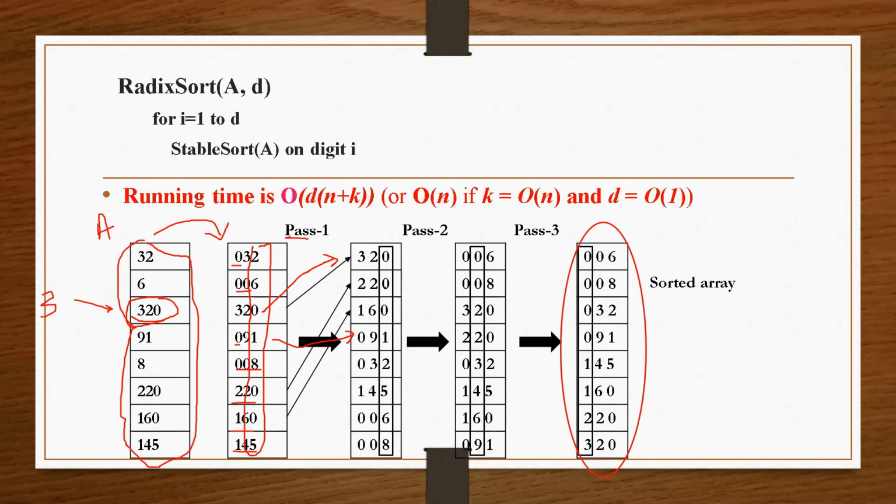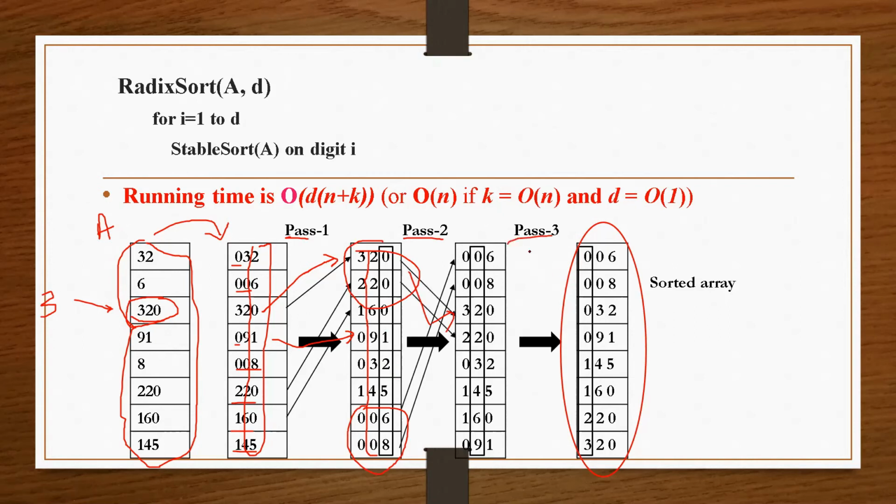Proceeding further, at pass 2, we will arrange the numbers according to their middle digits. The values with zeros will be placed at the start, and the values having 1 or 2 in the middle will be placed at the other positions, as you can see here.